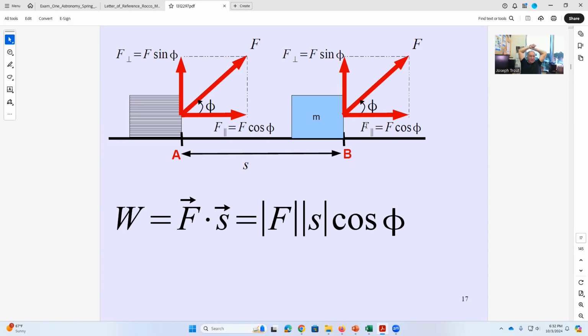Don't forget the dot product is a scalar product, so work has no direction. However, work can be positive or negative. Work can help you move from one place to another, and there are forces that can hinder your movement.